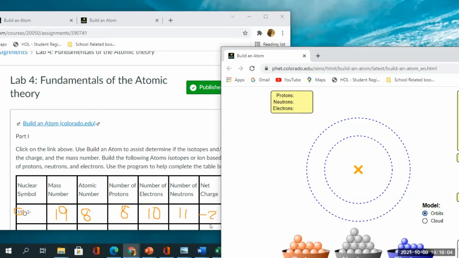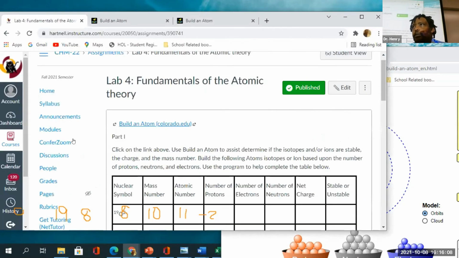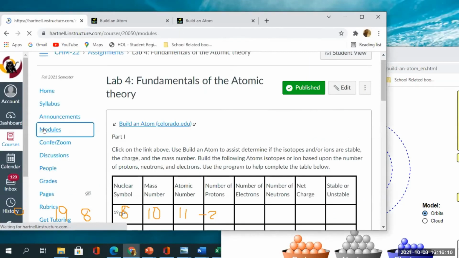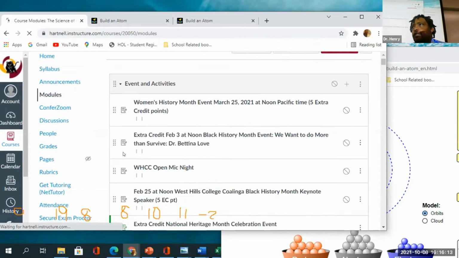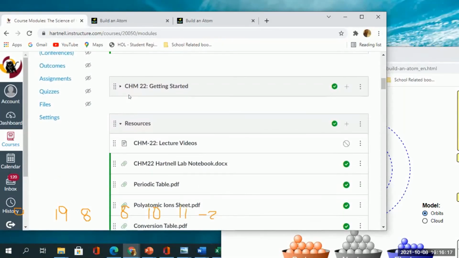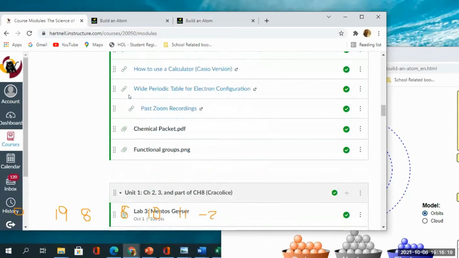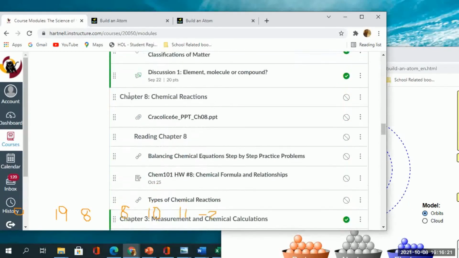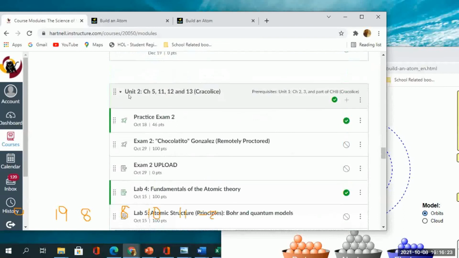So lab number 4, I'm trying to find that one. If you go under Canvas, under modules, if you go under the second, it would be unit 2. Oh, unit 2. Got it. Oh, lab. I found it.